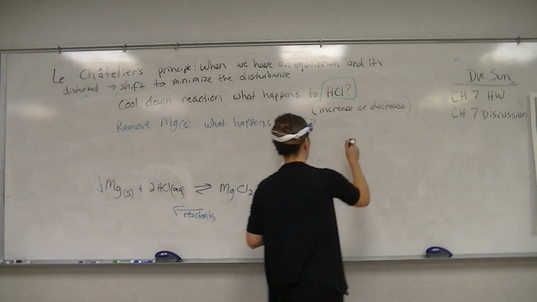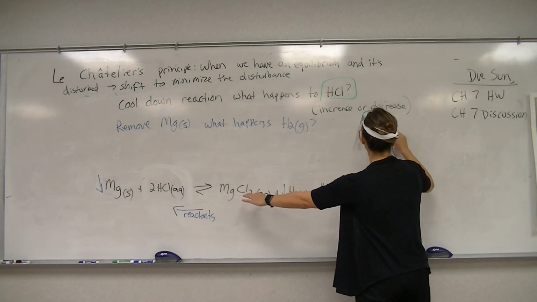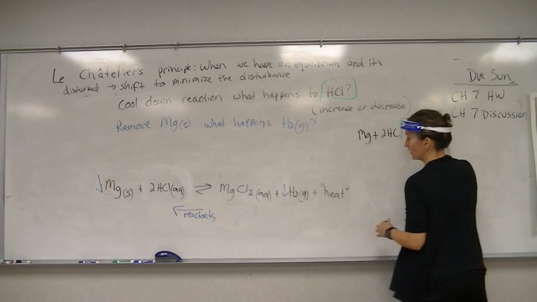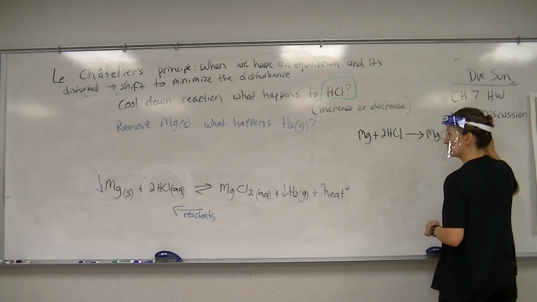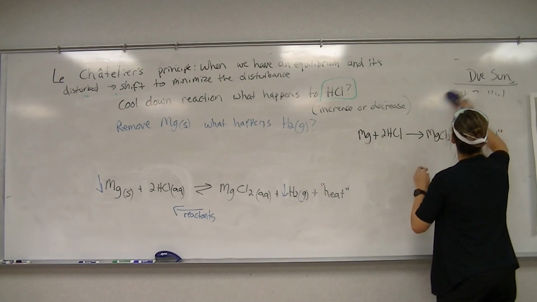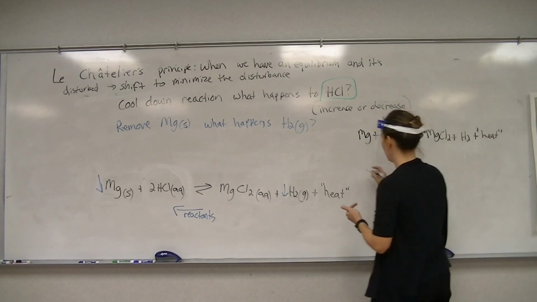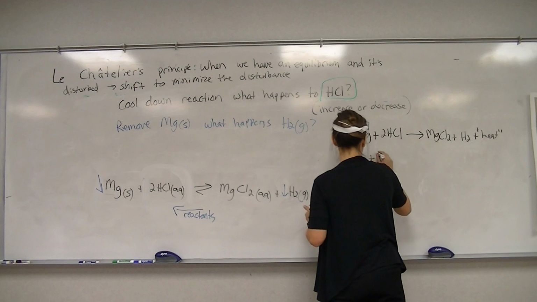So let's separate this out. Let's write this as two separate reactions. An equilibrium reaction means that we can go this way. So that's one direction. But it's also saying the reverse is true.